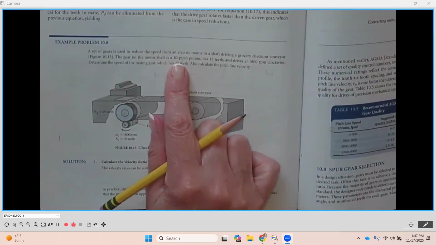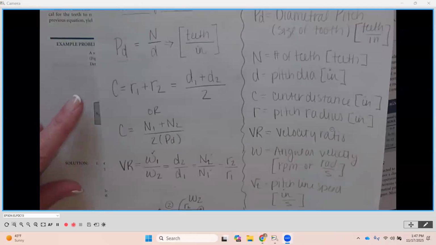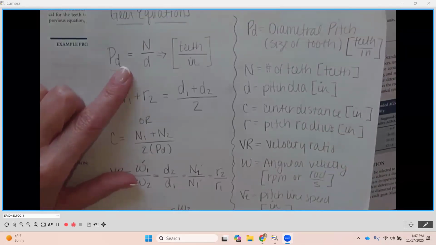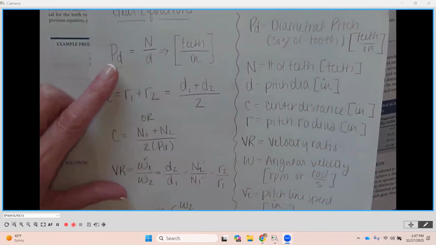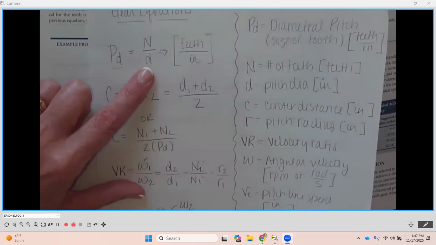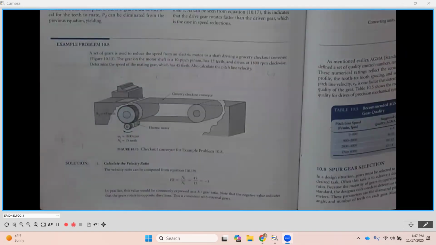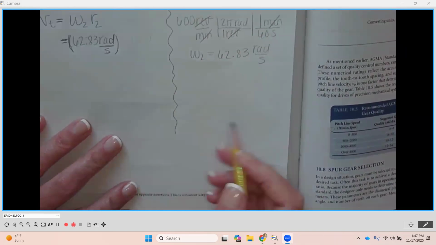So what I need to do is calculate the pitch diameter and divide that by 2. Using the number of teeth on the gear and the diametral pitch, I can get the diameter of the gear, but then divide by 2 for the radius. Does that make sense?